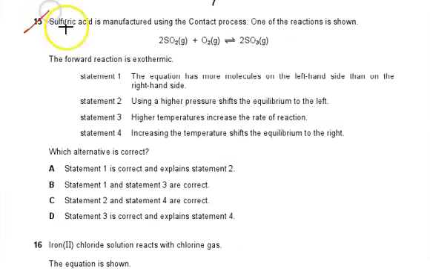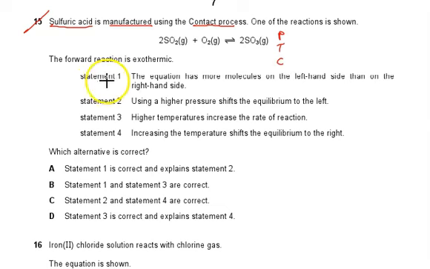Okay, for number 15, sulfuric acid is manufactured using the contact process. One of the reactions is shown below. Okay, this is the condition. This is the process where we need the pressure, temperature, and also the catalyst.